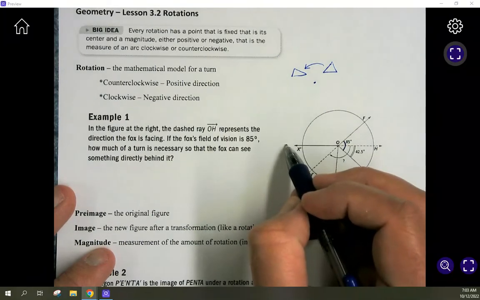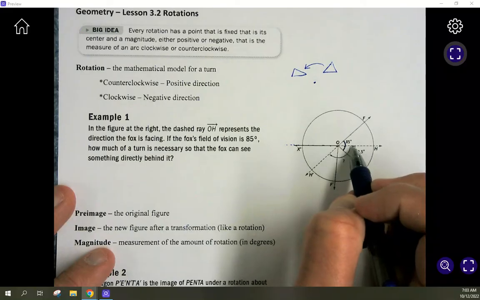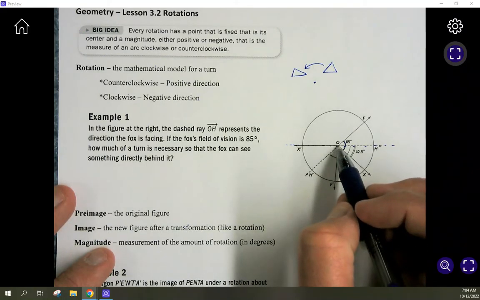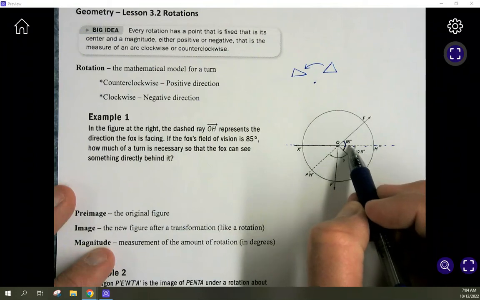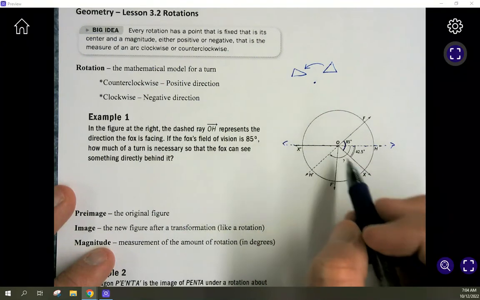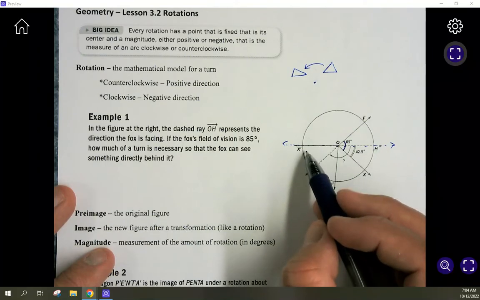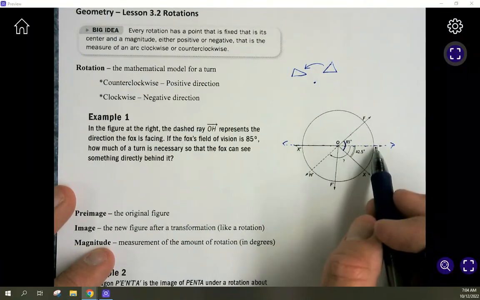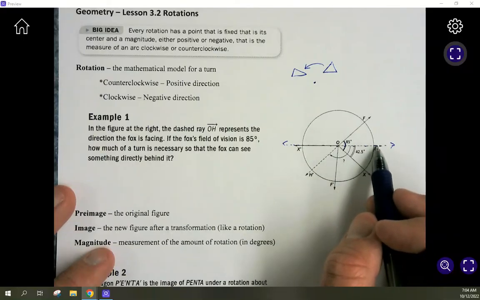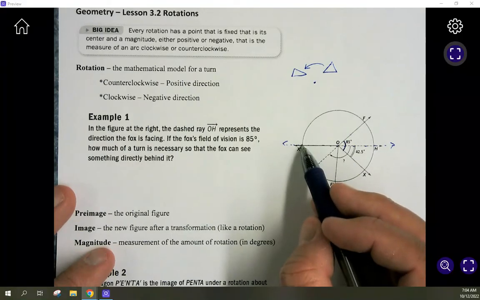And so what I want to focus on here is half of the circle. So let's just look here at the bottom half. If I've got this fox looking directly this way, I want to know how many degrees does he need to turn his head so that he can see here. Now it would be 180 degrees if we wanted the center of what he's looking at to face this way.